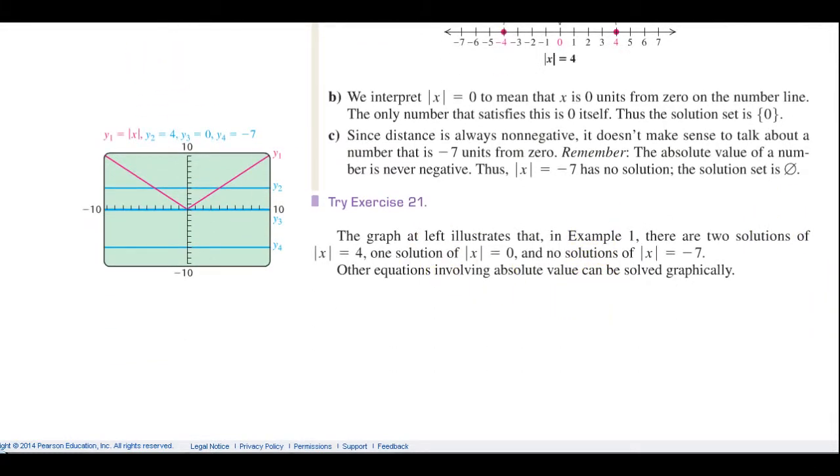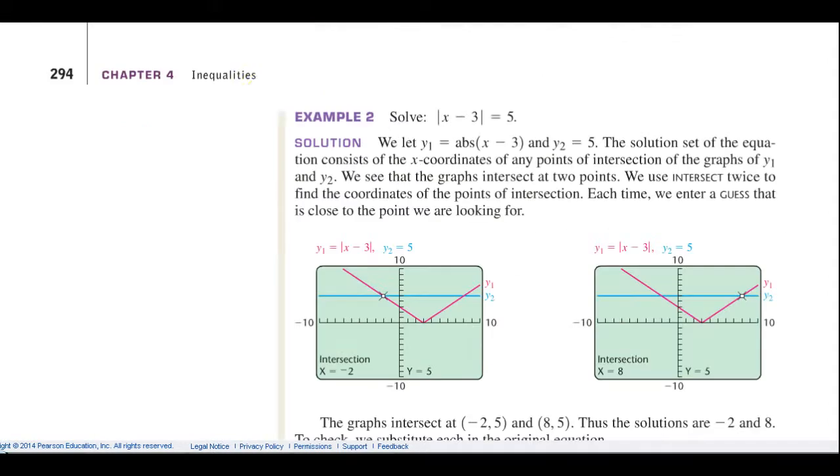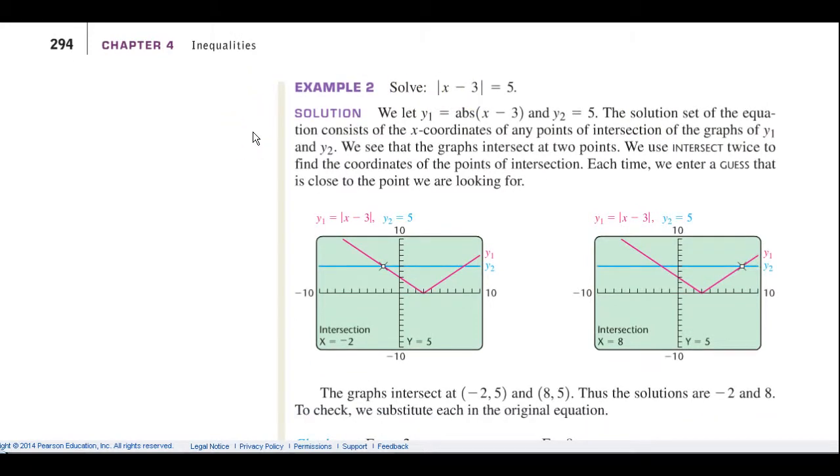Okay, I think that's that page there. Now, they want us to solve this equation, for example 2. So, what's going on here? Well, again, we have some basic procedural things that we need to do. And the way we do it is we write the statement without the absolute value signs. That's the first one. We just take away the absolute value signs.